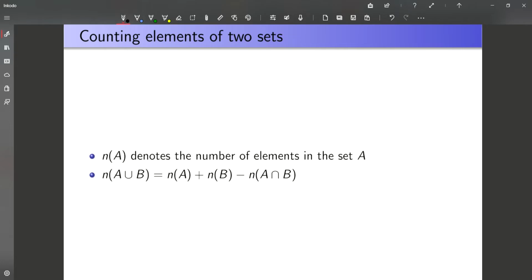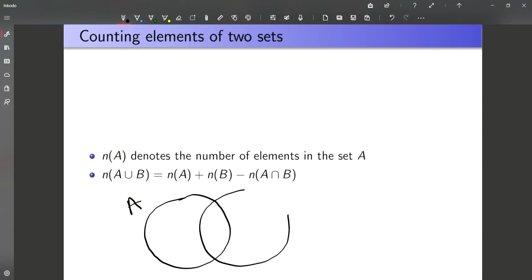We said in class today that if you look at the number of elements in the set A, and then you look at the number of elements in the set B. Alright, so let's start counting. So we count the elements that are in here. That's the number of elements in A, however many there are in here. And then if we go ahead and count the number of elements in the set B, so those are the elements in here.